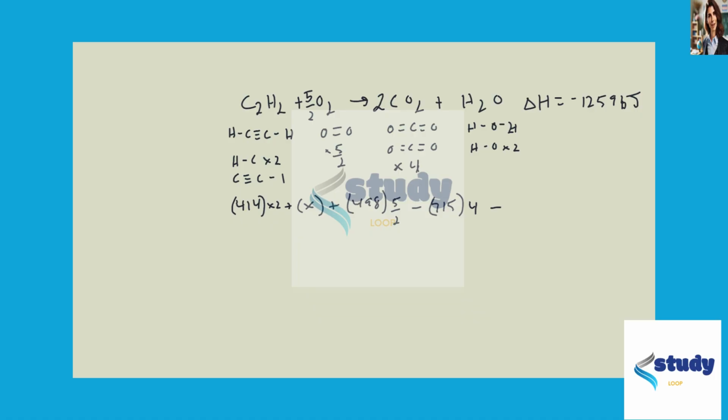And then I have the hydrogen-oxygen bond, which is 464, and I'm going to multiply that by 2, and all of that adds up to a negative 1259 kilojoules. So when I solve, X is equal to 1002 kilojoules. All right, if we look at the value in table 9.2, we see that value is actually 820, which is much higher than what the actual value is.